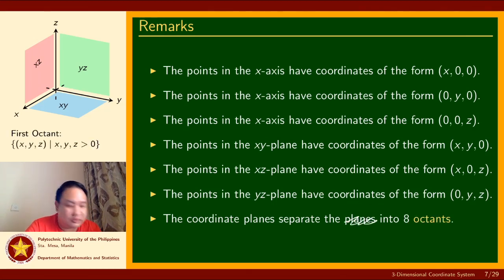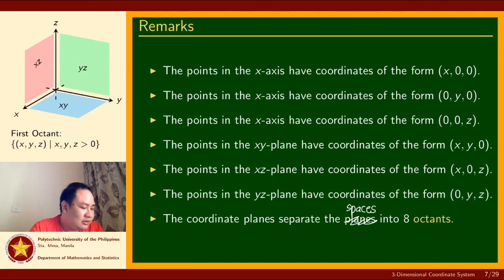The 8 parts of space produced by the three coordinate planes are called octants. Analogously, in two-dimensional space, the two coordinate lines, the x and y axes, divide the plane into 4 parts, which are called quadrants.